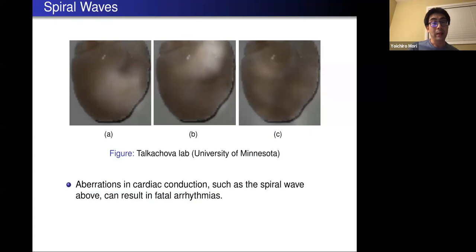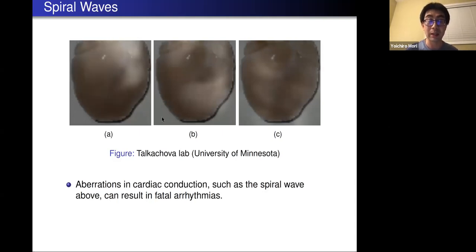This spiral wave or the figure 8 clinically would correspond to what is called cardiac ventricular tachycardia. The heart is beating very fast. In the human case, this would correspond to about 200 beats a minute.